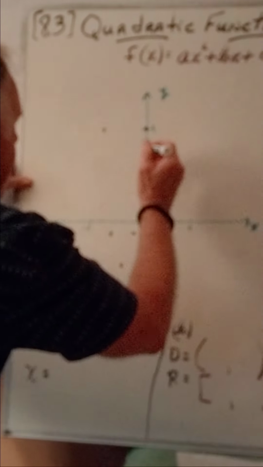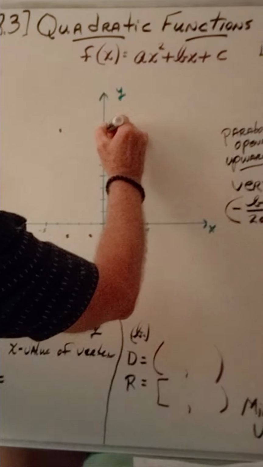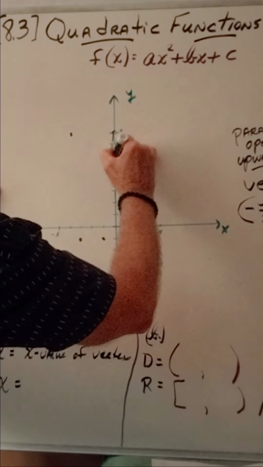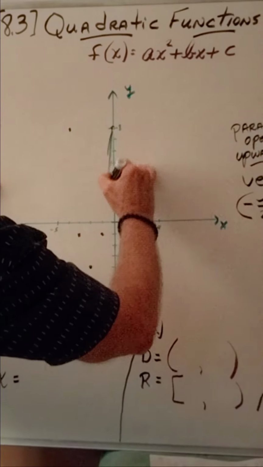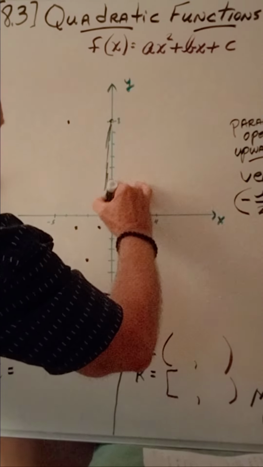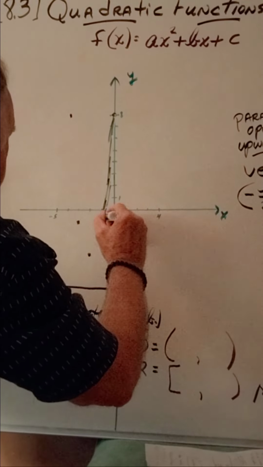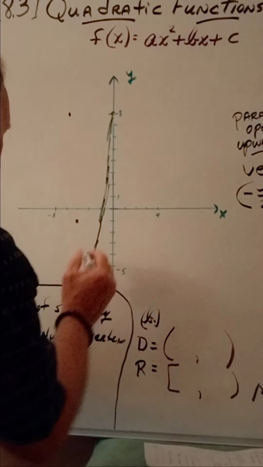quadratic function. Now, I'm no artist, so mine is going to probably look crazy, and I'm just going to kind of come down, and you know, none of these points that I'm putting right now are accurate. And it's hard to work from this kind of a thing, but there's the turning point.